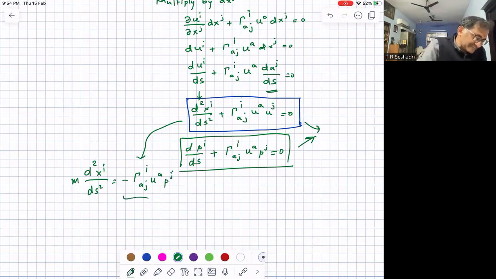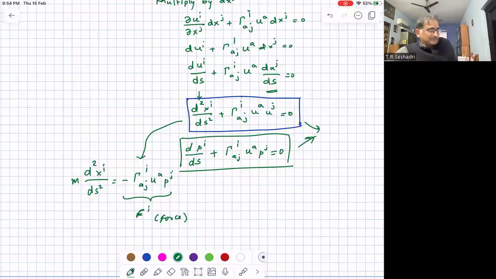So this is the equivalent of the ith component of force, a generalization of the ith component of force. And this will play a very important role.